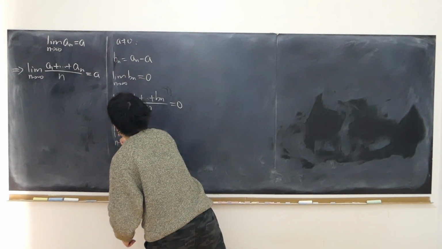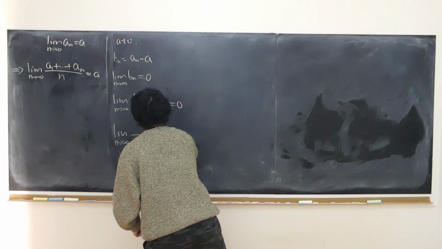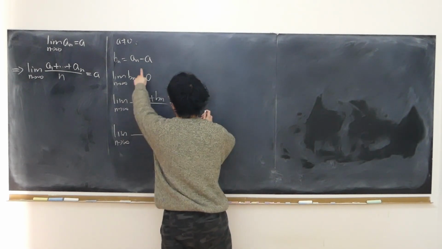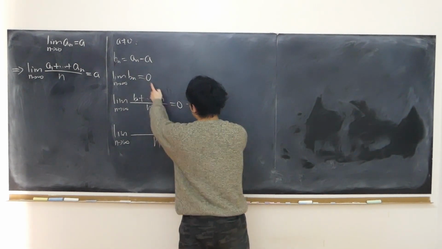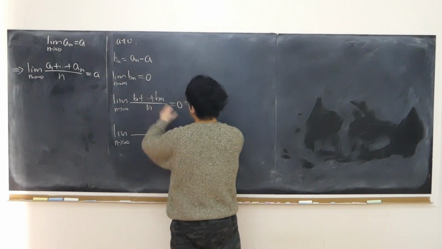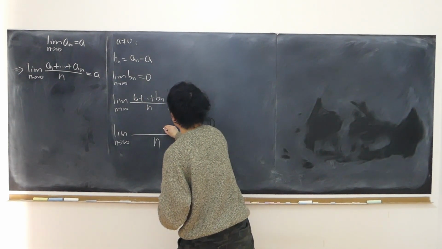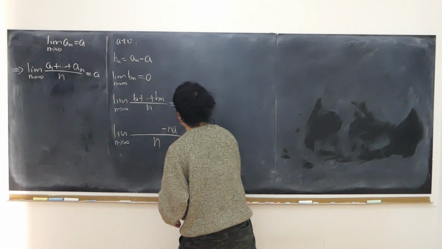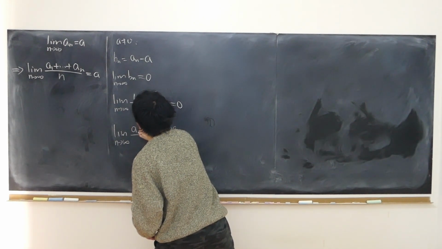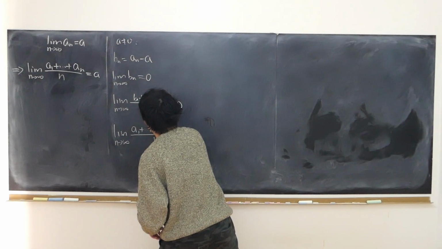Then what is B1? B1 is A1 minus A, Bn is An minus A. Now how many A's? n many A's, minus n many A's, and I also have A1 plus all the way up to An.